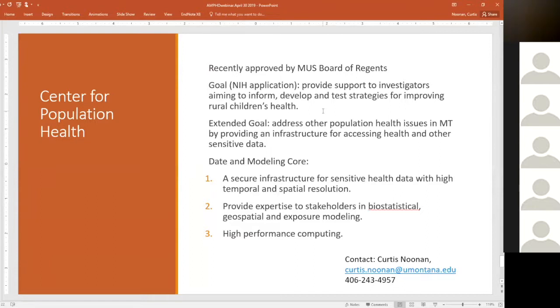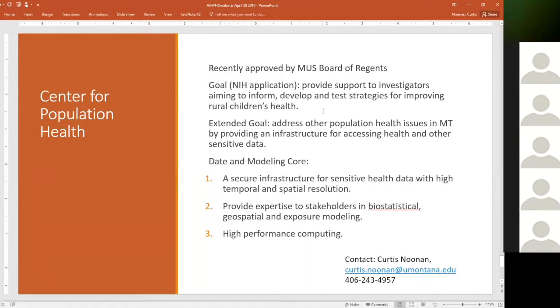And so a key piece of this center is what we call the data and modeling core. That provides an infrastructure for us to work with hospitals and clinics to capture sensitive health data, protect it as it needs to be protected, but still be able to provide researchers and public health workers with the temporal and spatial resolution that's needed to answer some of our questions about the health of our populations.